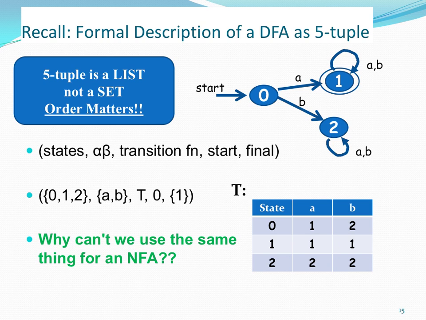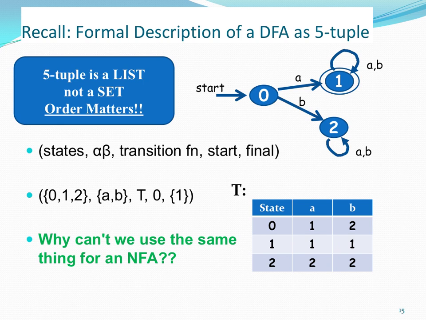Now, of course, so far our explanation of what an NFA is has been somewhat informal. When we did DFAs, we started out with an informal definition, and then we came to a more formal description of our DFA as a 5-tuple. And so let me start by saying, could we use this same representation for an NFA?